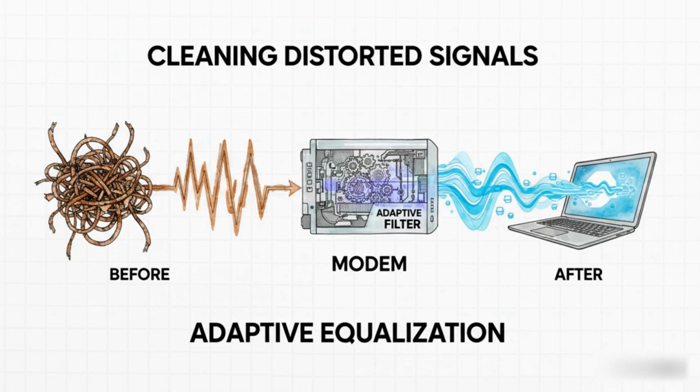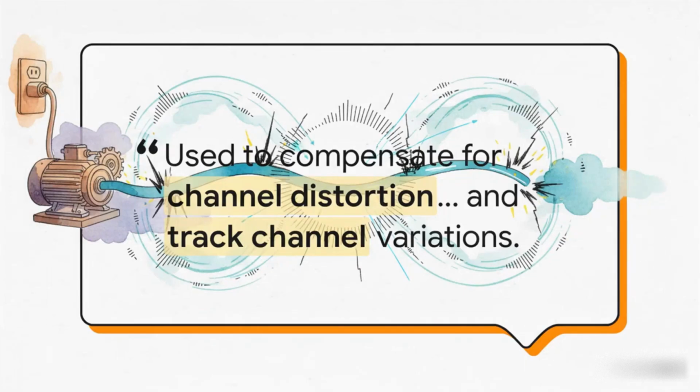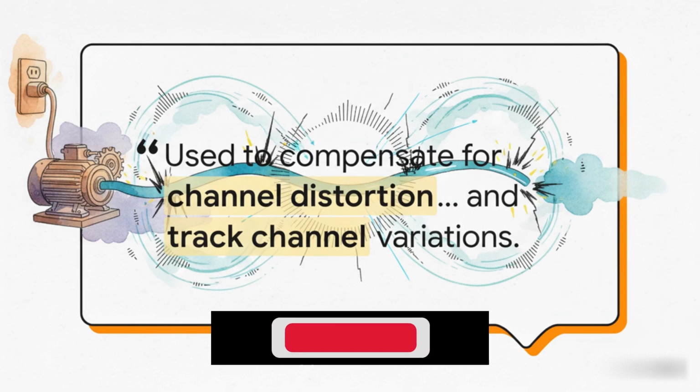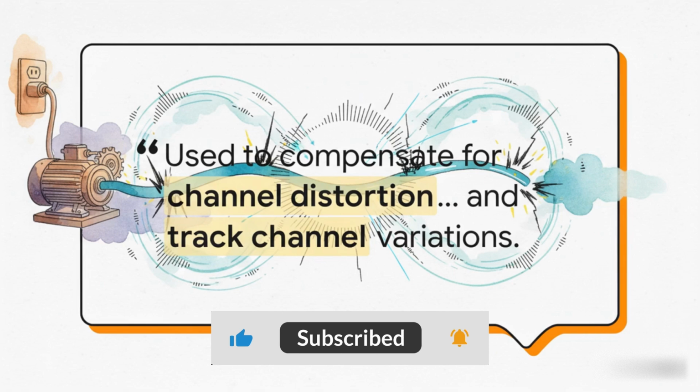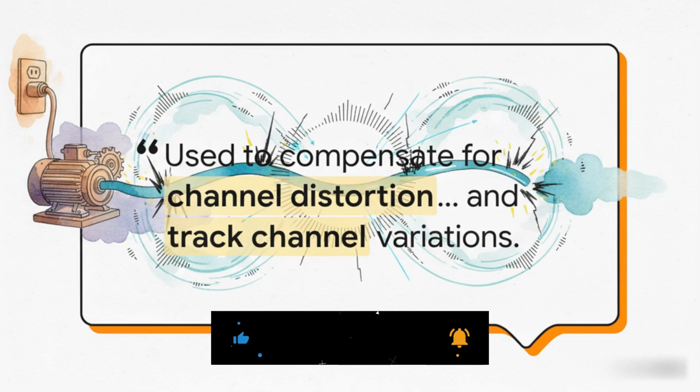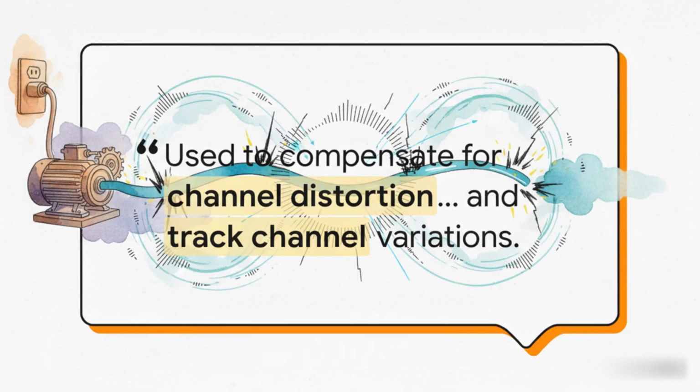It's kind of amazing. And this is really the key idea. They don't just fix a problem one time and call it a day. The crucial part is that they track channel variations. So if the noise on the line suddenly changes, maybe because your neighbor turns on a blender, the filter adapts instantly. It's this constant, dynamic process of compensation.